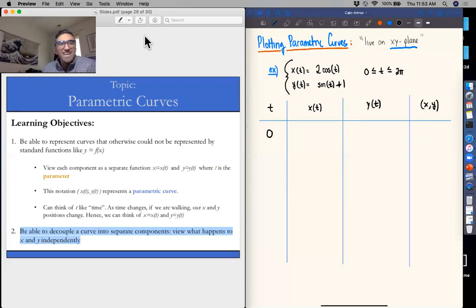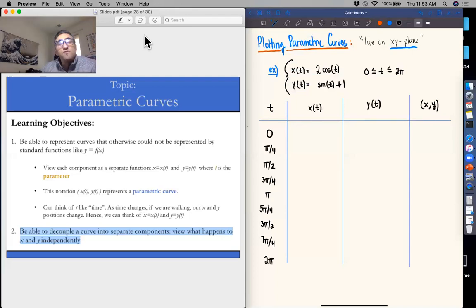We can always go back and add more points if we think it's necessary. So we can go 0, pi over 4, pi over 2, 3 pi over 4, pi, so we're halfway there, 5 pi over 4, 3 pi over 2, 7 pi over 4, and then finally 2 pi.